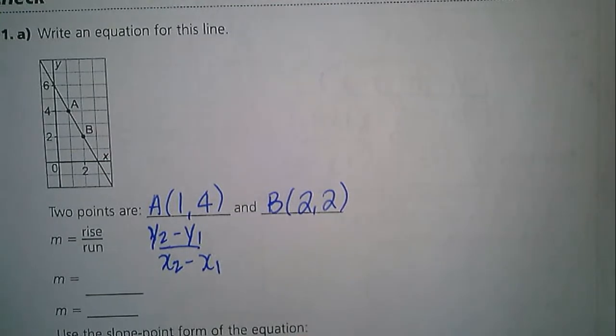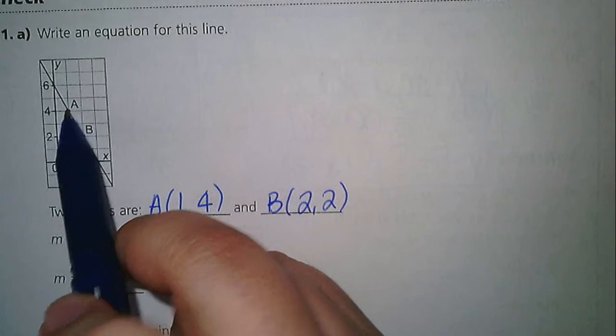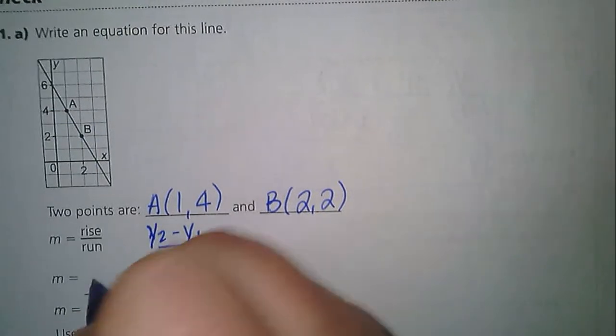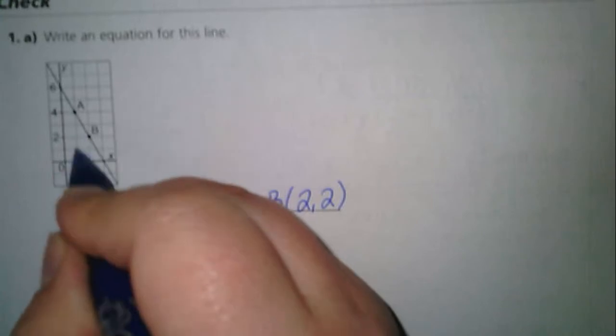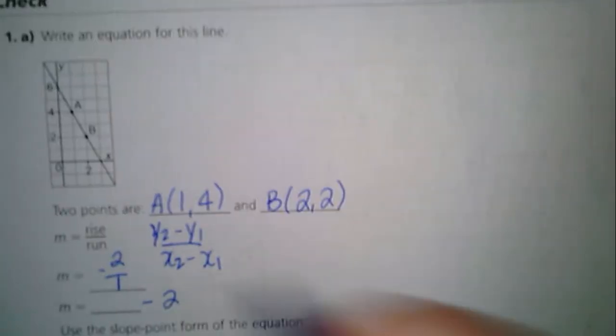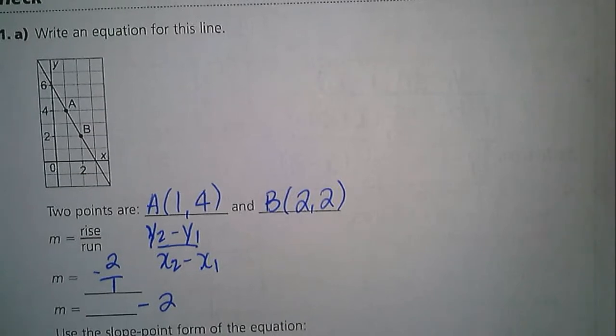Really doesn't matter which way you do it. I'll just simplify it and do rise over run. So if I'm going from A to B, I've moved 2 down, so negative 2, and 1 to the right. So I end up with negative 2 over 1, or negative 2 as my answer for m.